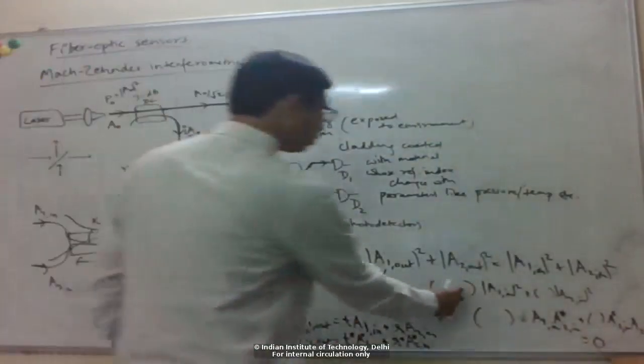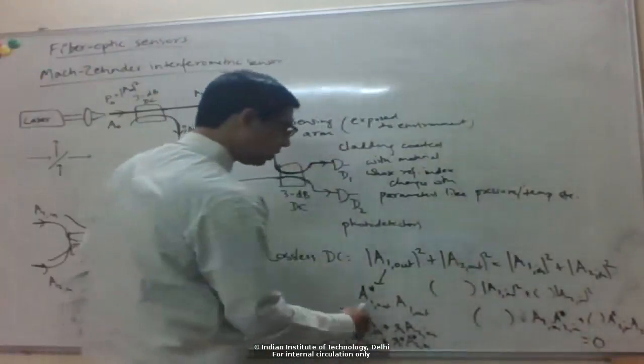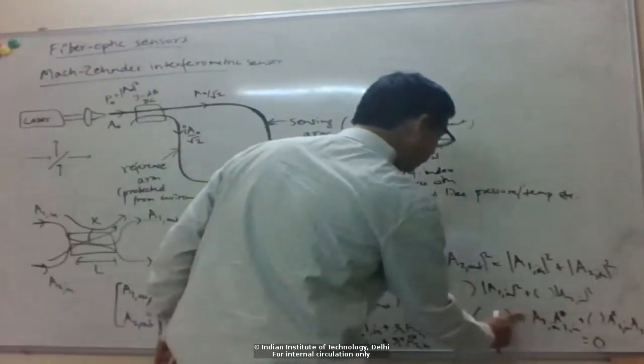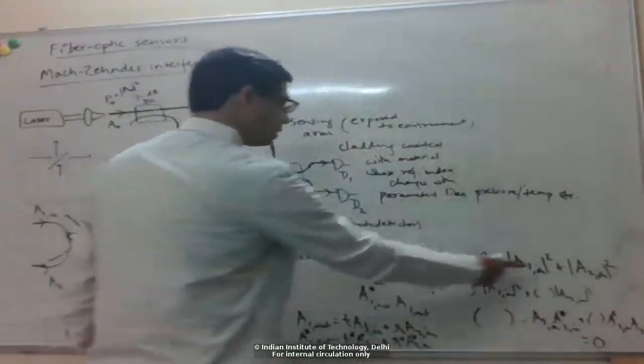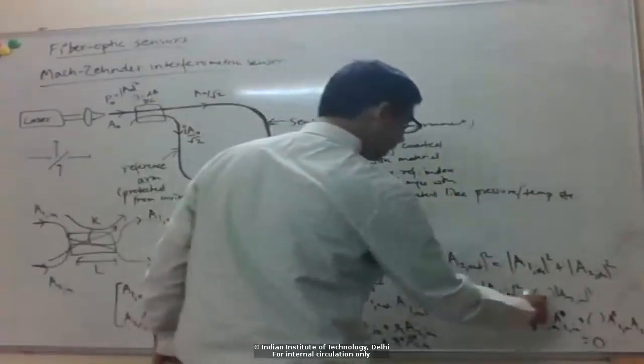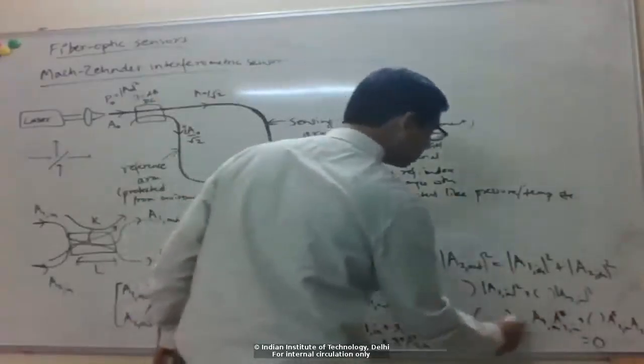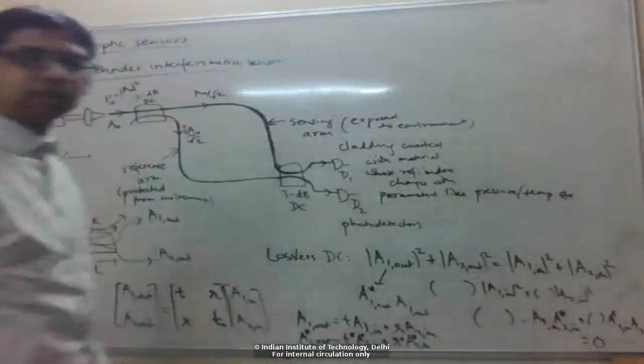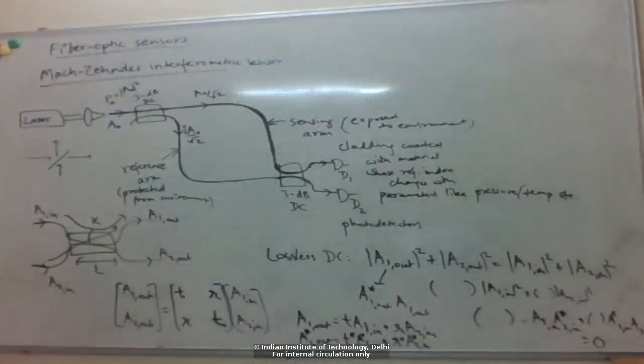These coefficients will be in terms of T and R, so just plug this in, write out this equation and find out what these coefficients are. They have to be 0 because A1 and A2 are in general non-zero amplitudes.